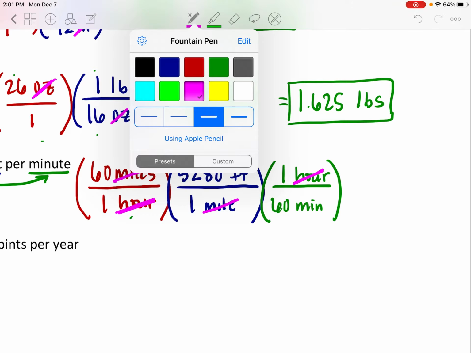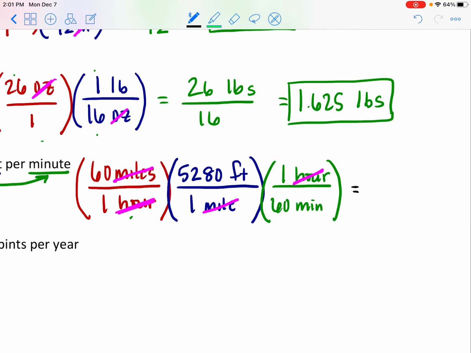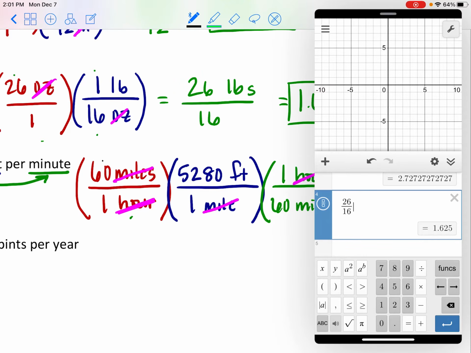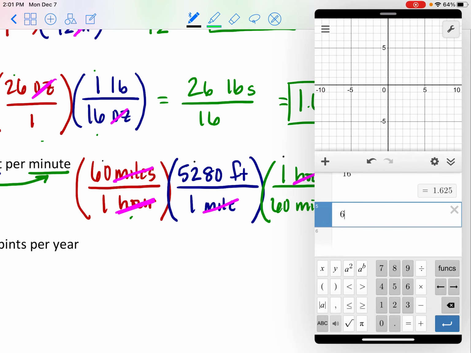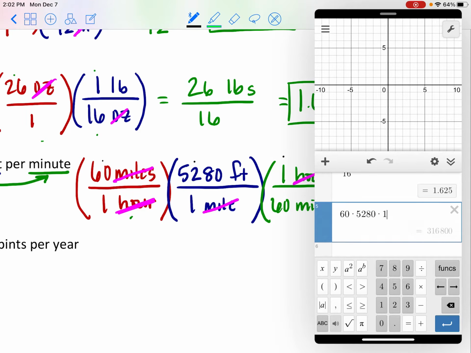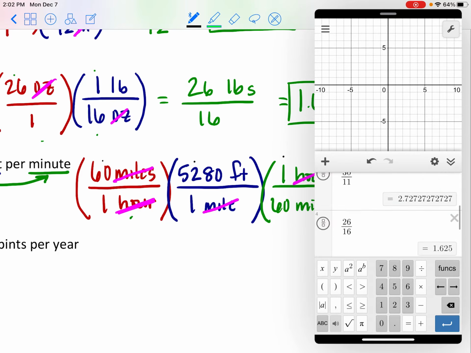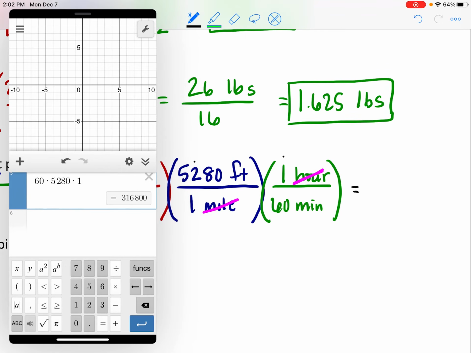I just need another color. Okay, let's use black. So straight across the top, multiplying 60, 5,280, and 1. So 60 times 5,280 times 1, which is 316,800.